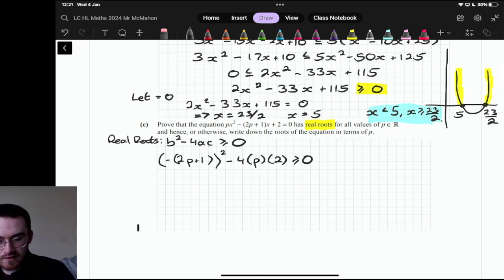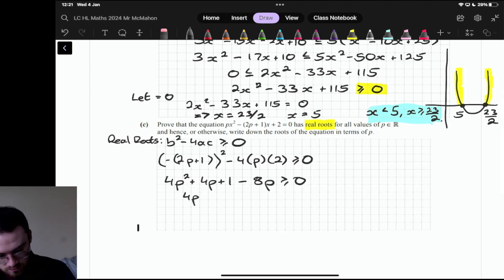Now when we square that, obviously that will eliminate the minus for us anyway. So we get 4p squared plus 4p plus 1 minus 8p greater than or equal to 0. I get 4p squared minus 4p plus 1. At this point we're still questioning, is it greater than or equal to 0?